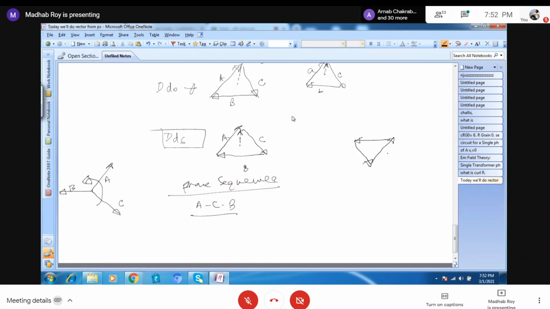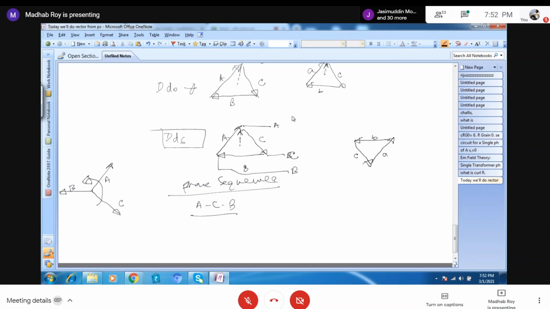This is A, this is C, this is B. So here the lines are A, C, B. These are the three phase lines.